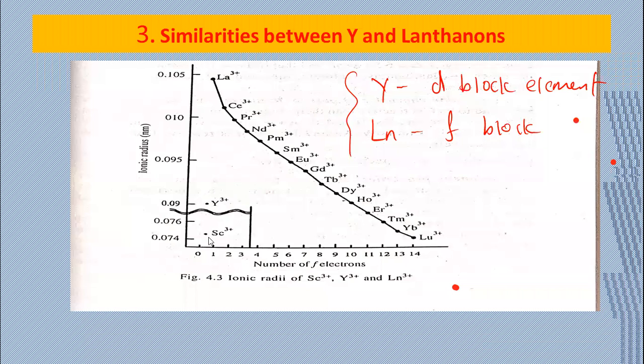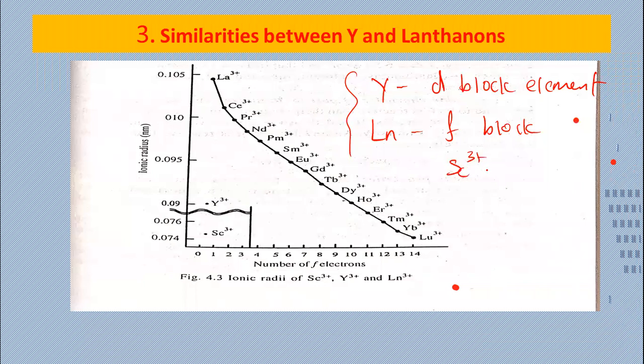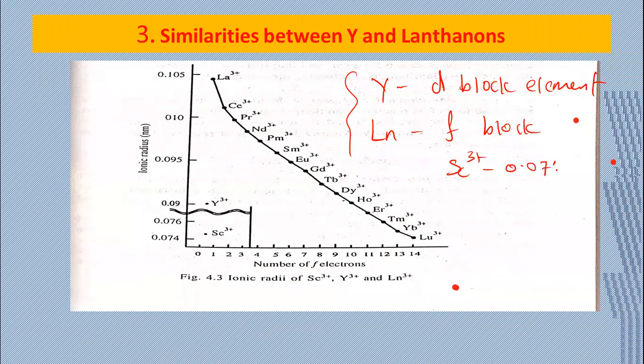In this graph it is shown the ionic radius of the scandium tripositive ion, 0.074 nanometer. Yttrium has an ionic radius of around 0.09 nanometer. It increases from scandium to yttrium.